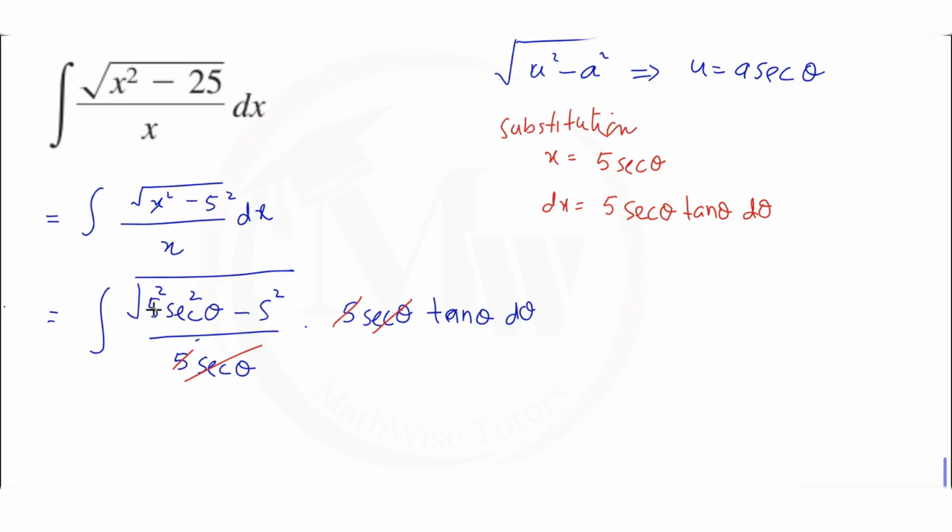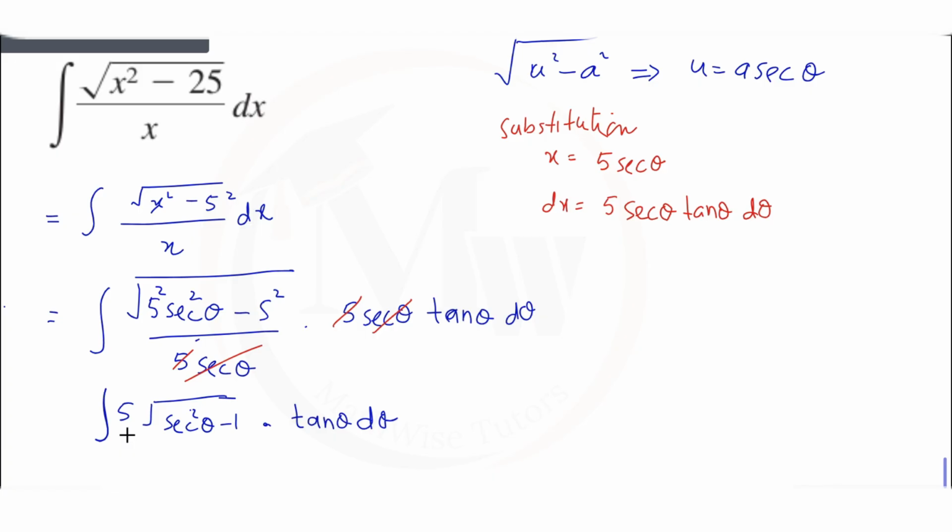And here 5 square is the same, so if we take it out from the square root, it becomes 5 outside, and inside is left secant square theta minus 1, right? And no denominator left. There is tan theta d theta. Now secant square theta minus 1, this is equal to what function? You have the trigonometric identities.